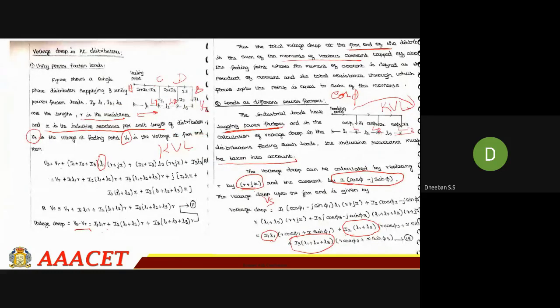Both concentrated and distributed loads are possible on an AC distributor, so the mixture will again come out, the combination of both loads. So we'll be having both small i as well as capital I. Capital I corresponds to the concentrated load, whereas small i corresponds to the range of values, nothing but your distributed load.